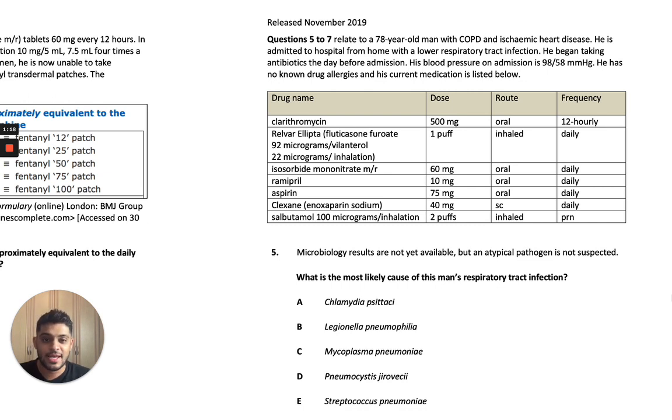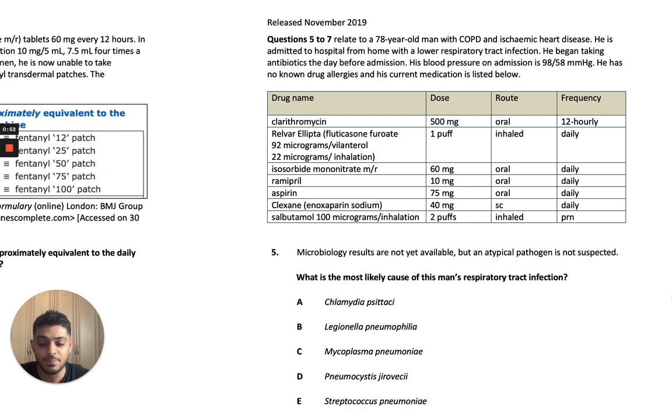If you have an understanding of respiratory tract infections, particularly an exacerbation of COPD or mild community-acquired pneumonia, you'll understand that most commonly these will be caused by Streptococcus pneumoniae. And here you have Pneumocystis species, which are normally responsible for PCP pneumonia.